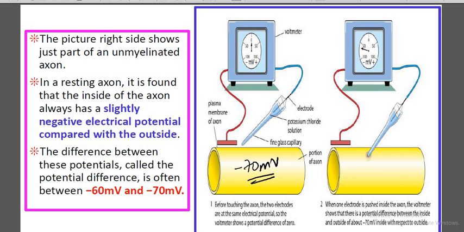So we can also say that inside it is more negative than outside. Let's discuss how this minus 70 millivolts is obtained, or what the factors are which maintain it, because this voltage is quite important for the resting membrane potential to be maintained.